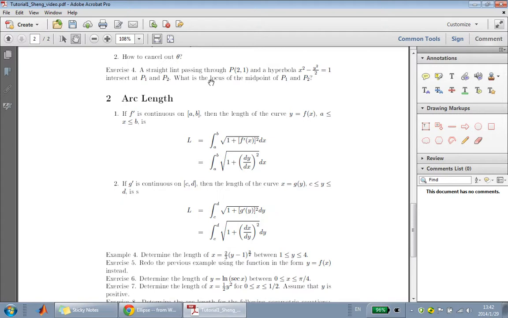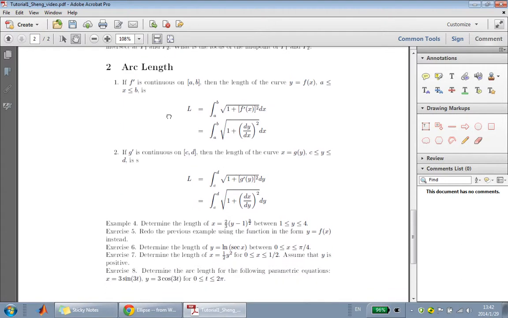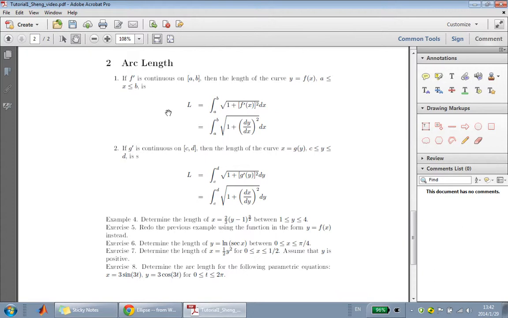Let's think about it. The second part is arc length. In the lecture, we discussed how to calculate the arc length given the parametric representation for that curve.